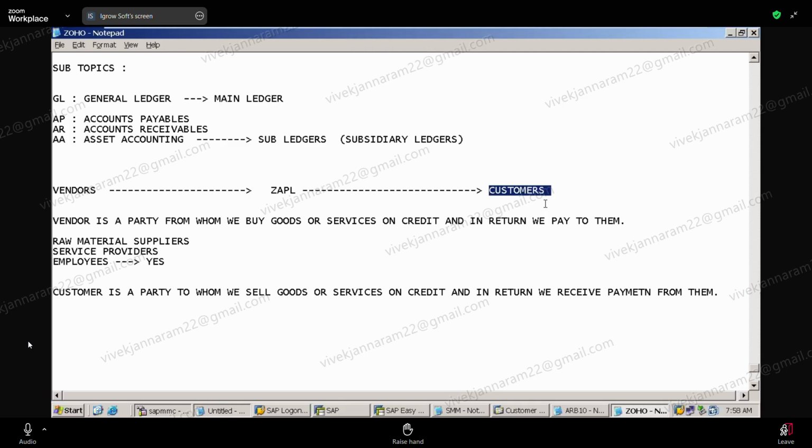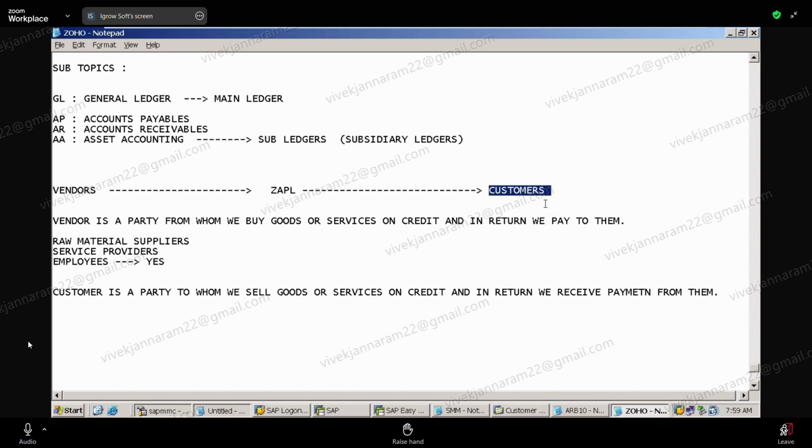Who are his vendors? Milk supplier, tea powder supplier, sugar, biscuits, disposable cups, gas cylinder provider, water bubble provider, power supplier. So all these are his vendors.